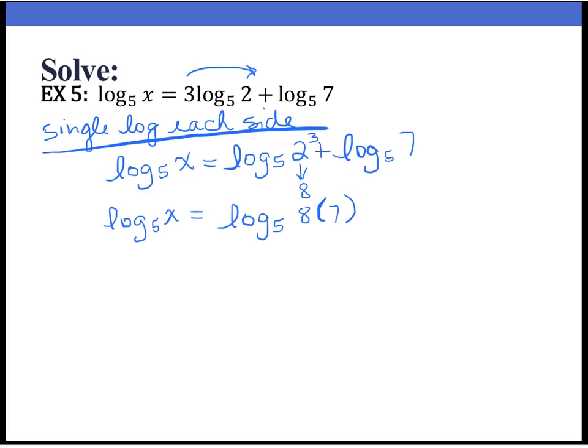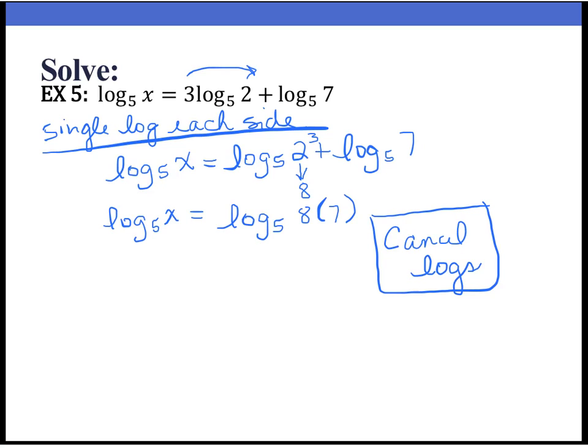So we are going to cancel the logs. Okay, so I'm going to cancel, cancel, and that leaves me with x is equal to 56, and that would be my answer.